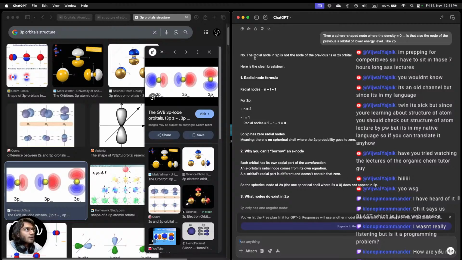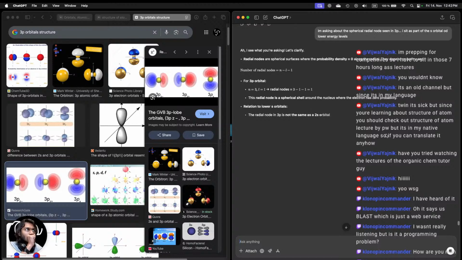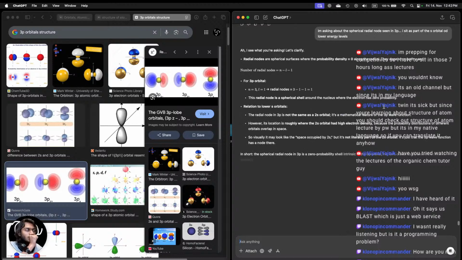No, the radial node. I'm asking about the spherical radial node seen in 3p. Is it part of the s orbital of lower energy levels? That's my question. It's a yes or no question.